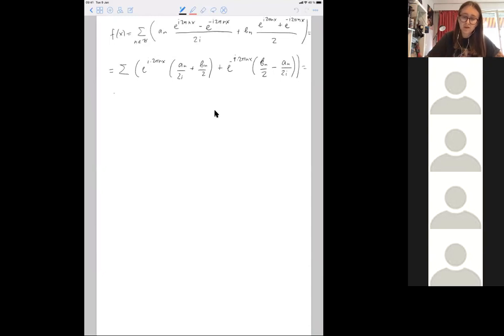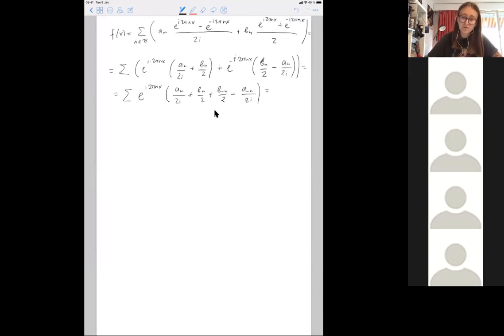Okay, and here we do a trick for the second component of the sum. We separate it into two separate sums, and for the second sum, we substitute n with minus n. Then we get the following sum: e to the power i 2 pi n x, and here we have one big coefficient.